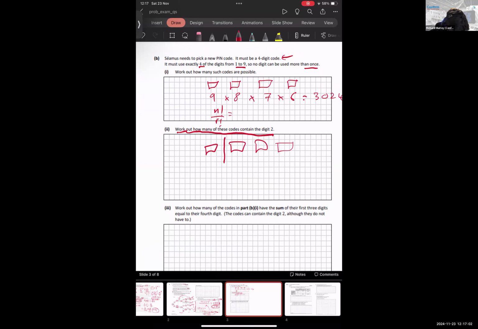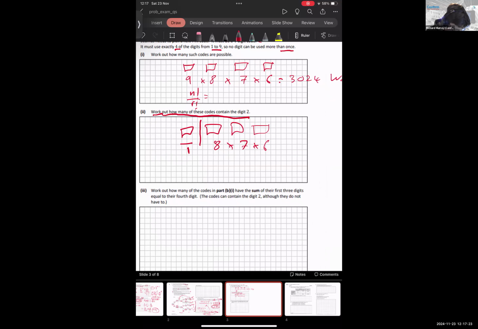So we're going to have one that is defined and others that are not as well defined. So we're going to have 8 times 7 times 6, and this one has to be a 2. But who says that the 2 has to be the first digit? So there's going to be multiple versions that can be allowed here, which makes this second question a little bit more complicated. Because it can obviously be any of these combinations, but our 2 could be our first digit or our second digit or a third digit or a fourth digit.